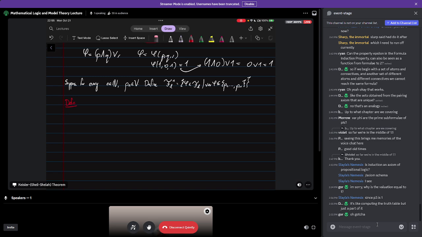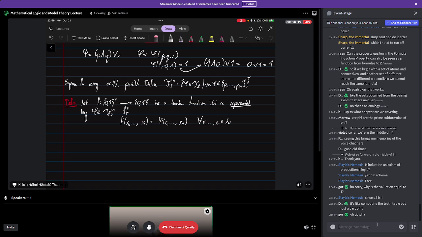Definition: let f be a Boolean function. It is represented by phi in F_L(n) if and only if f(x1 through xn) is equal to phi(x1 through xn) for all x1 through xn in {0, 1}.